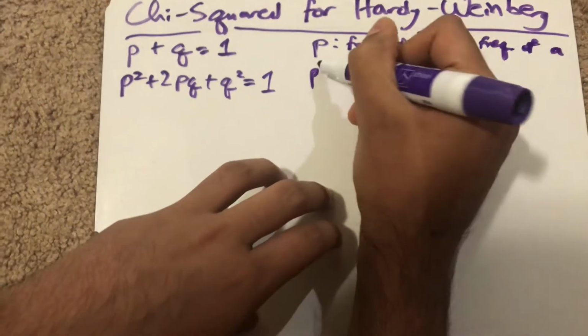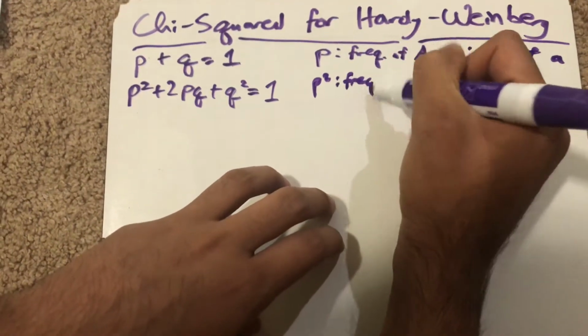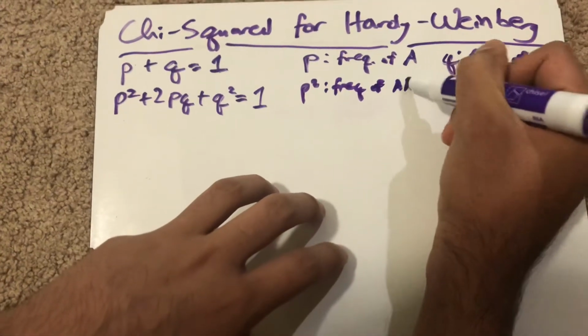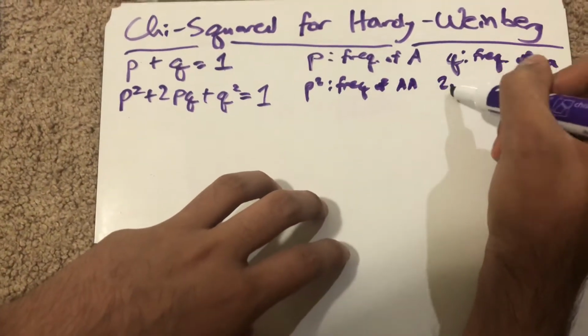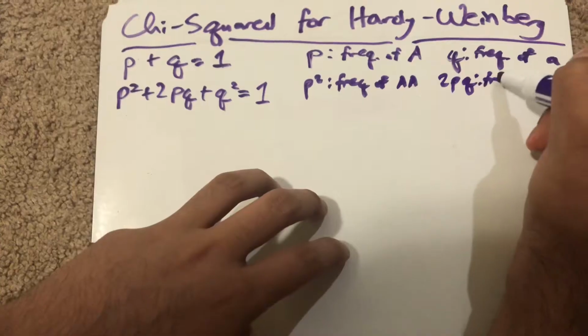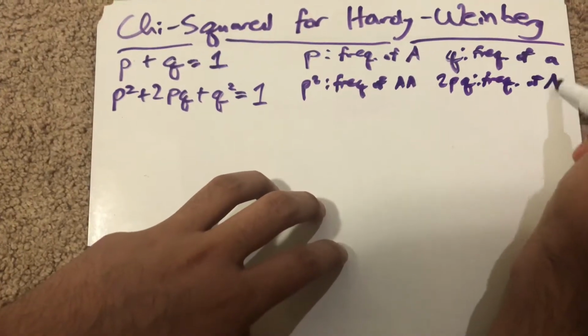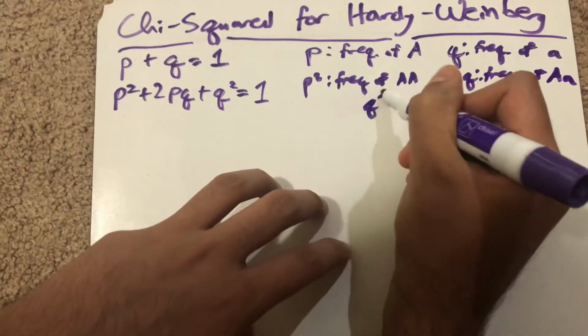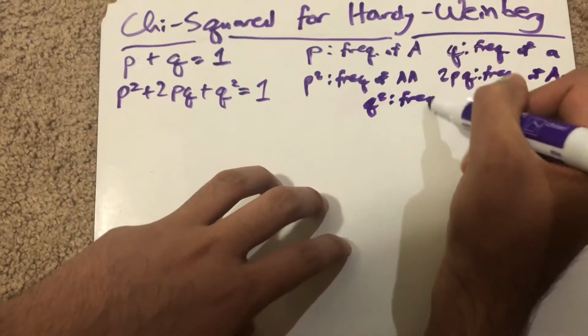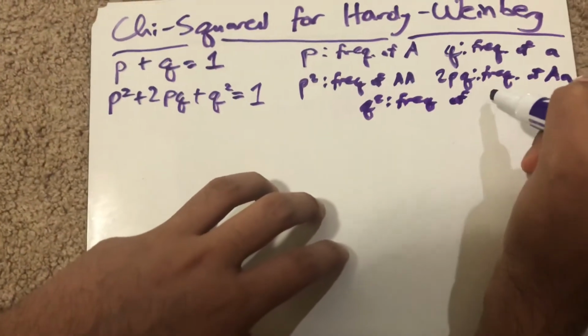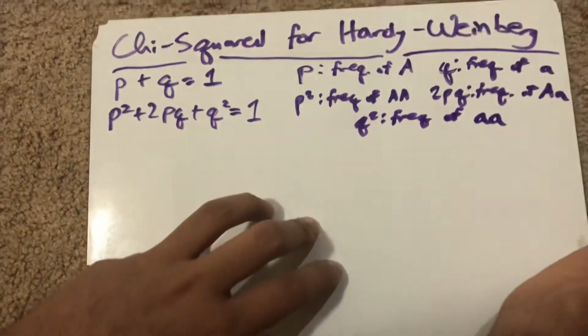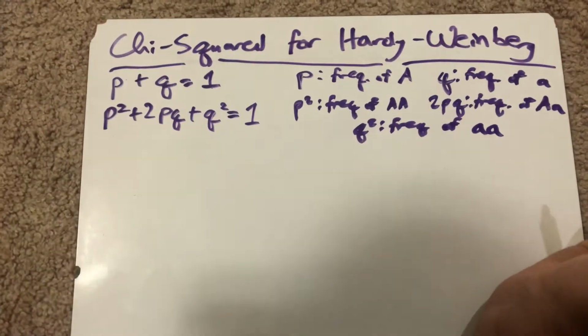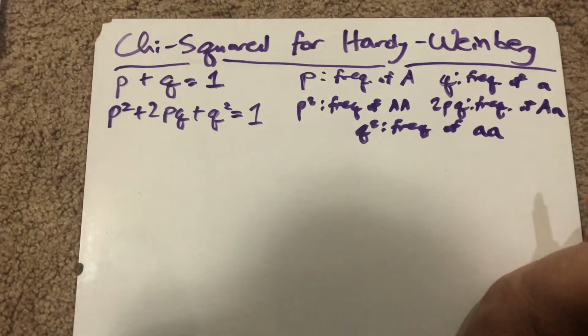P squared is the frequency of the genotype homozygous dominant. 2PQ is the frequency of the heterozygous big A, little a. And Q squared is the frequency of the homozygous recessive, little a, little a. Hopefully that makes sense. That's the very basic part. We should know that, which is good.